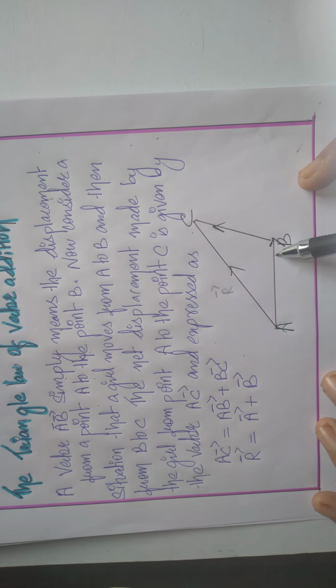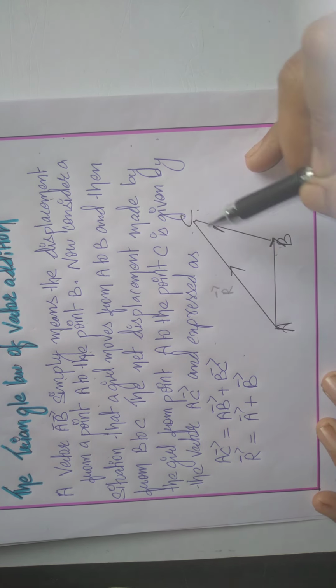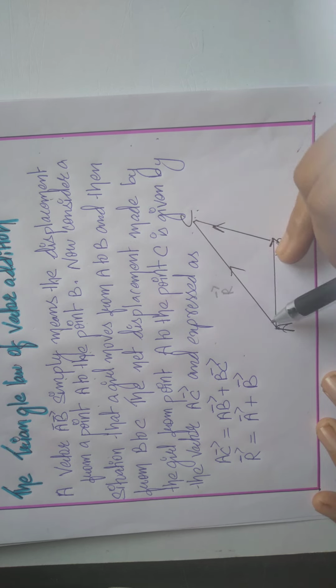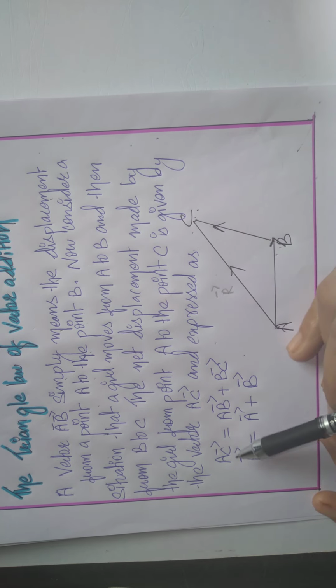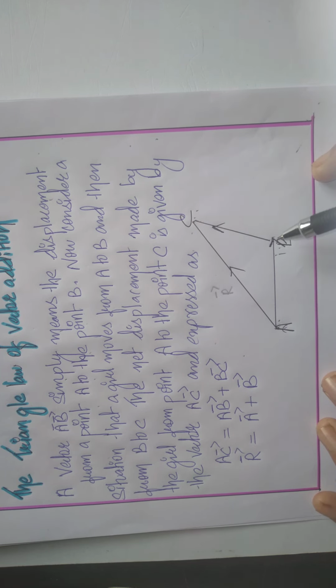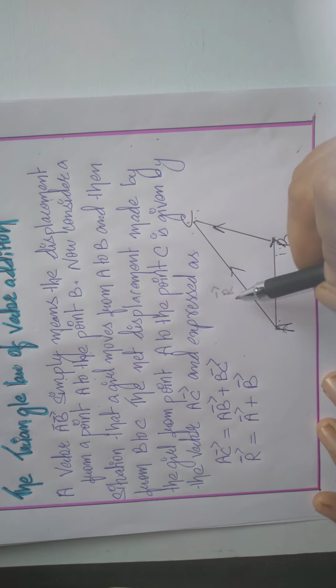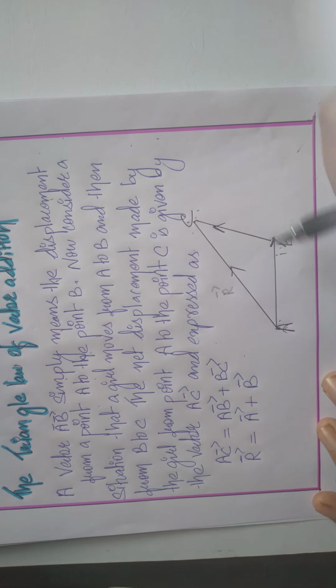Consider a situation where a girl moves from point A to point B and then from B to C. The net displacement made by the girl from point A to point C is given by vector AC. Vector AC is vector AB plus vector BC, or if we name vector AC as R vector, then R vector is A vector plus B vector.